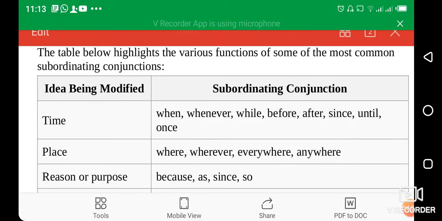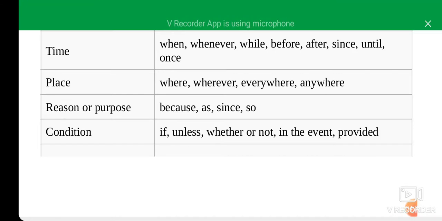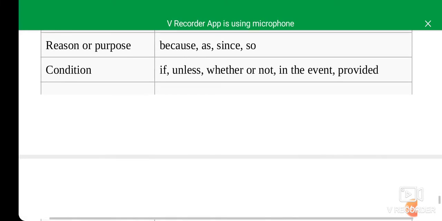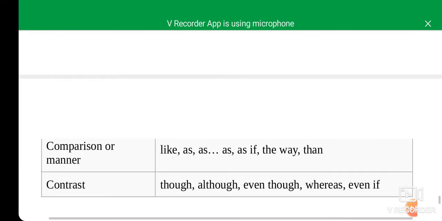And then we can see place: where, wherever, everywhere, anywhere. Reason or purpose is being shown with the words because, as, since, so, and we also show condition in adverbial clause, and condition is shown with the subordinating conjunctions like if, unless, whether or not, in the event, and provided.